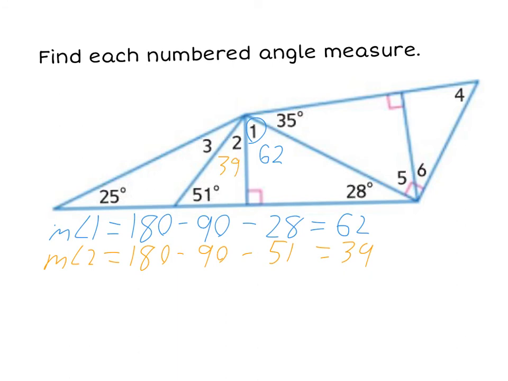The measurement of angle 3 is here. What we have here is this 25 and the measurement of angle 3 are internal angles, and 51 is an exterior angle. So we can find the measure of angle 3 by taking the measure of angle 3, adding it to 25, and we should get a 51. When we simplify that, the measurement of angle 3 is equal to 26.